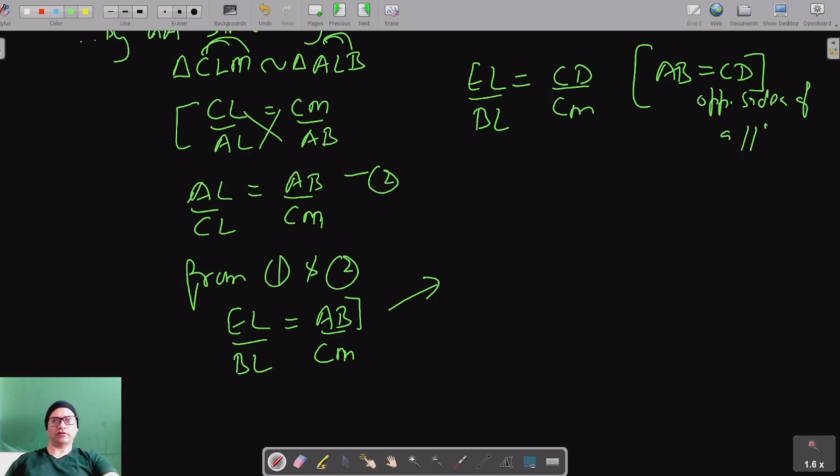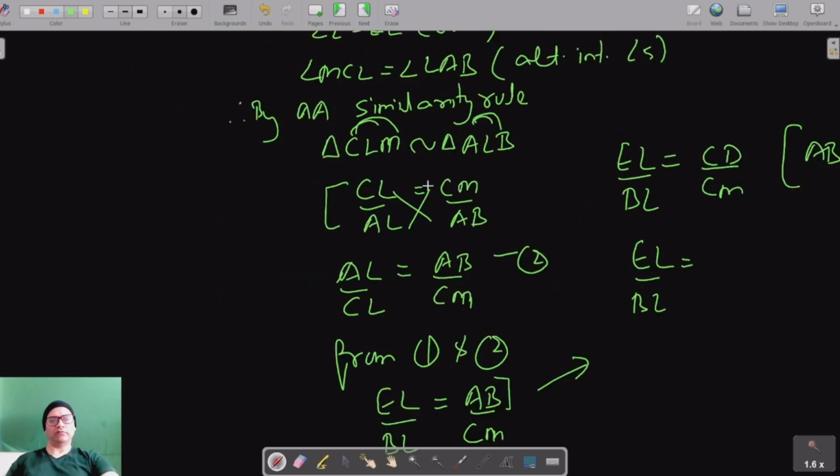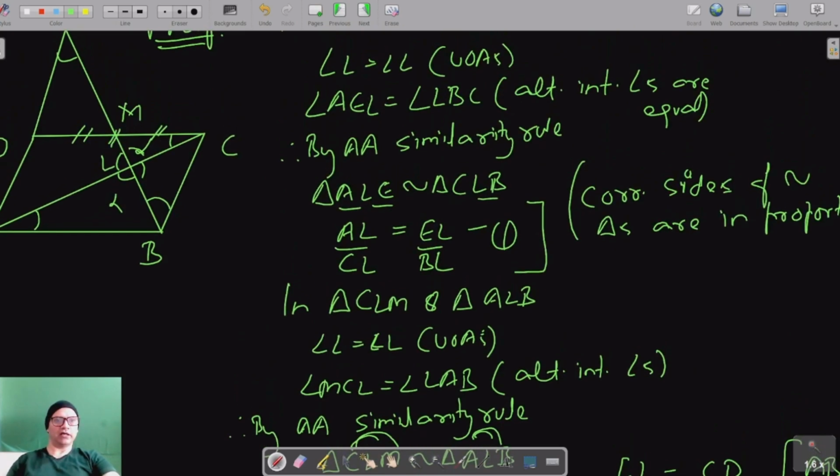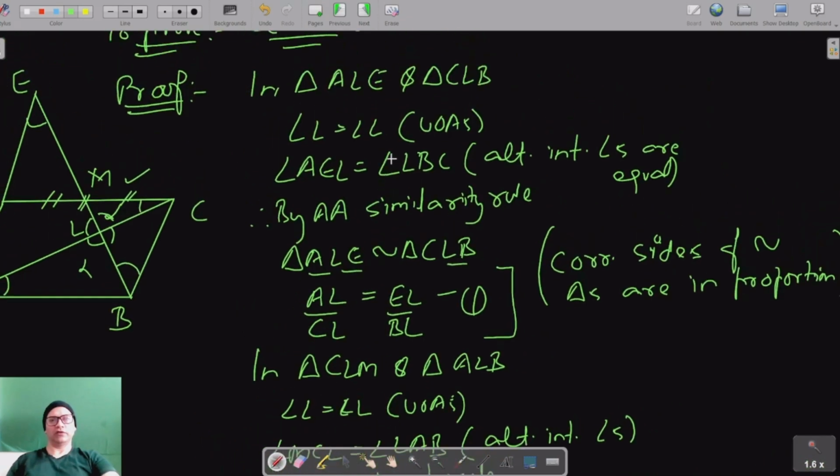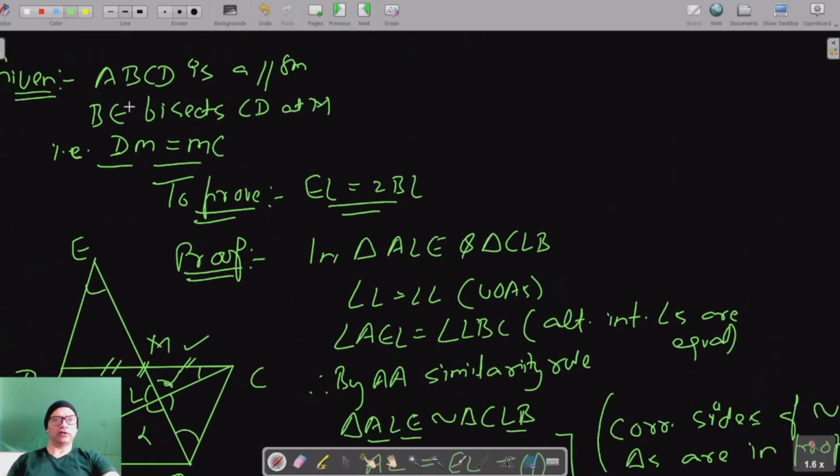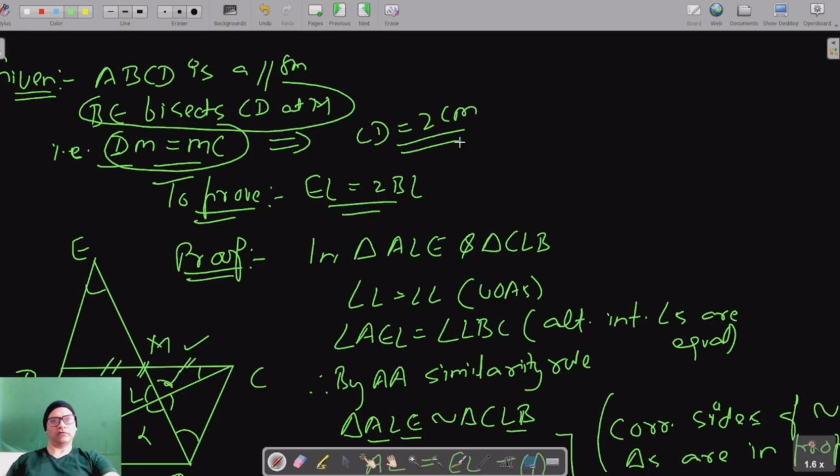Now CD is being bisected at M, so DM is equal to MC. This gives CD is equal to 2 times CM.